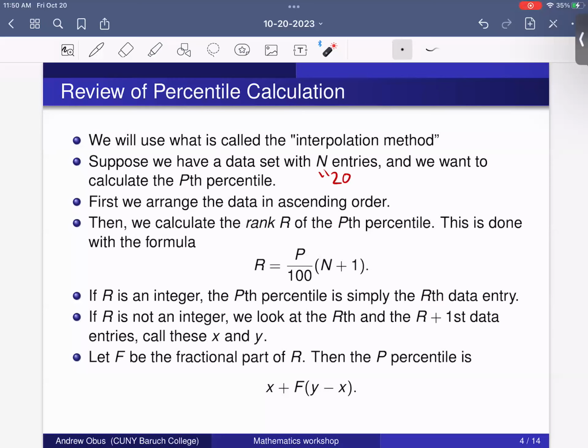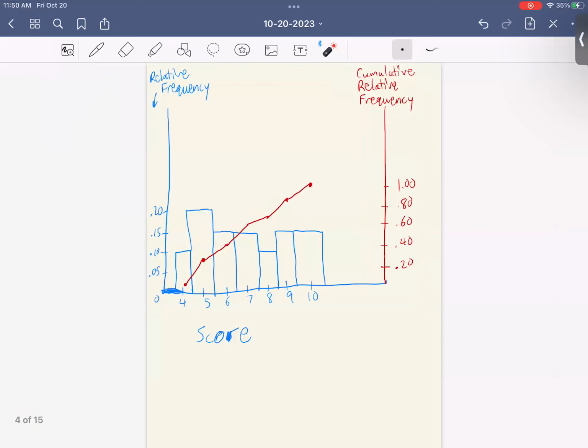But if r is not an integer, you do one more calculation: you look at the rth and the (r plus first) data entries, take the fractional part, and add to the rth entry x the fractional part times the difference of the two entries.